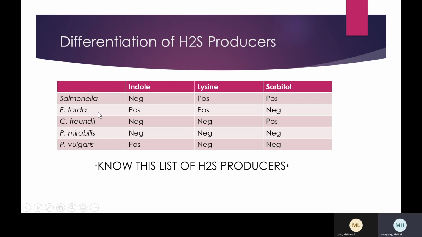So kind of know this list right here, okay? Also, there are not very many H2S producers that they will call out on the exam. So if they say it's H2S positive, you can pretty much come down to this list of 5. And then they say it's indole positive, and you're like, okay, it's between these two. You got it.